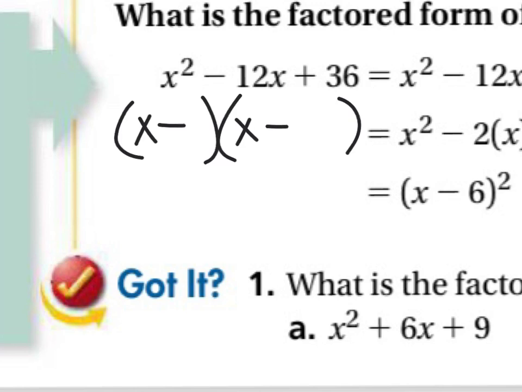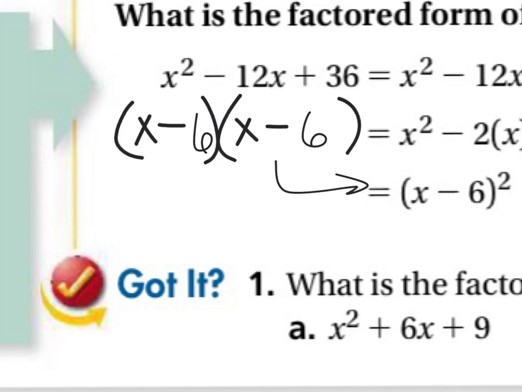So we know we have to have both negatives. And we need negative 12x for our middle term. So 6 and 6 gives you 12. So this would be it. And then again, since these are both identical, we can rewrite it as x minus 6 quantity squared.